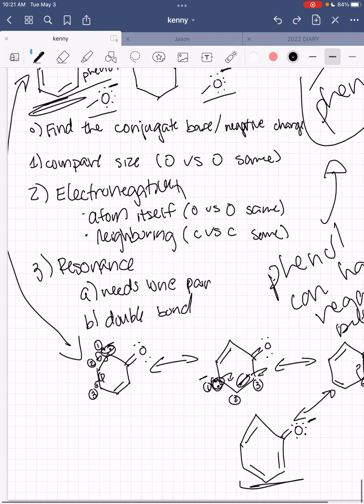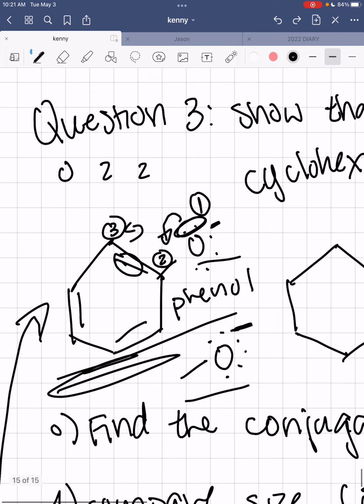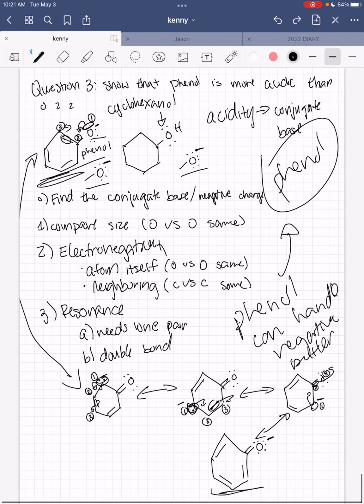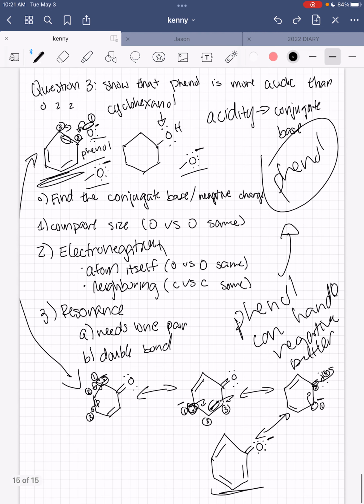In order to do resonance, you need a lone pair and a double bond. The lone pair becomes a double bond, the double bond becomes a lone pair, and that moves the negative charge. Since it has more resonance, it can handle the negative charge better, making it more acidic.